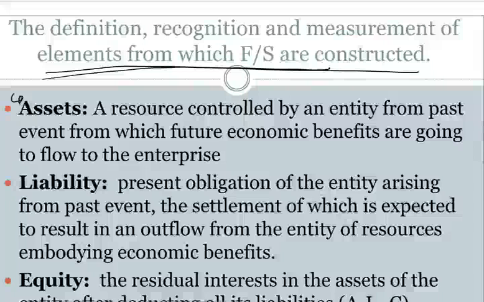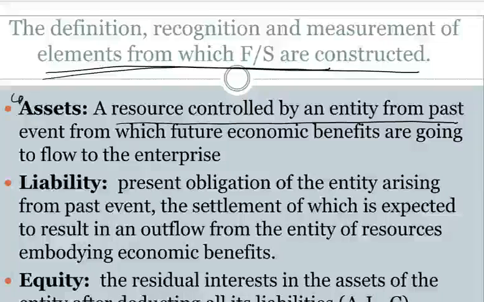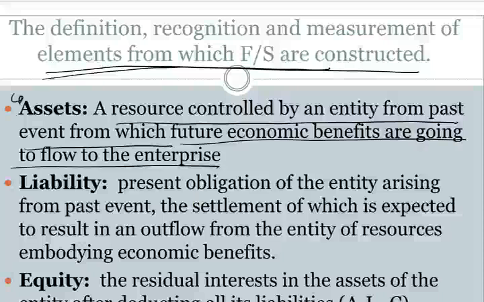What is an asset? An asset has been defined as a resource controlled by an entity from past event from which future economic benefits are going to flow to the entity.